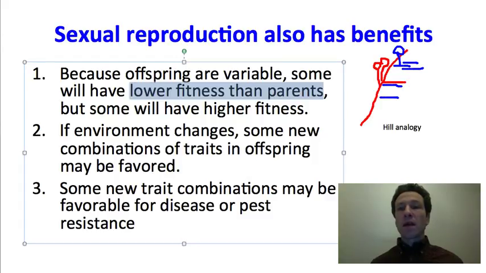That means that in sexual reproduction, we will tend to get, over time, an increase in fitness. You can imagine the same thing will happen when this plant has offspring through sexual reproduction. Some of its offspring will come back down the hill toward its parents, but some of them will continue up the hill, and the next generation would have even higher fitness.